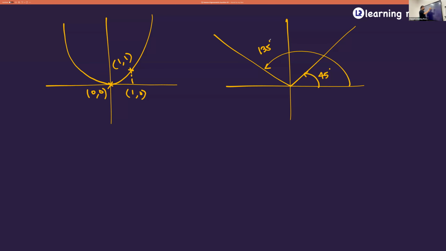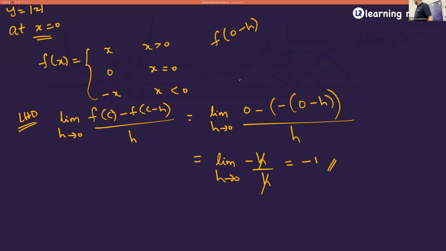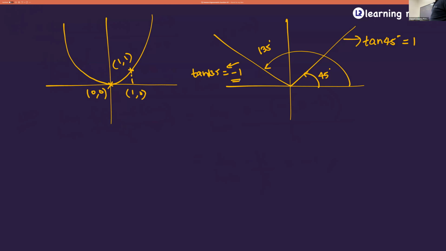So what is the slope of this line? Tan 45. So the slope of this line is tan 45. The slope of this line is tan 135, which is -1. That is why the left-hand derivative was -1. The right-hand derivative was +1.